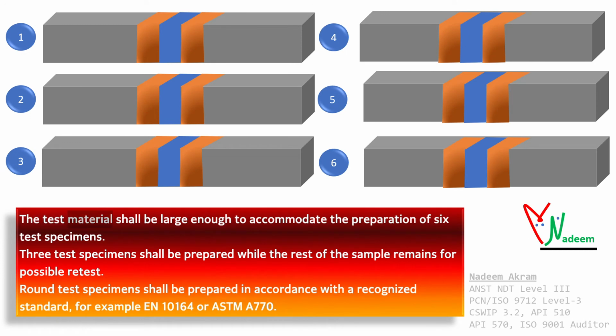The test material shall be large enough to accommodate the preparation of 6 test specimens. 3 test specimens shall be prepared, while the rest of the sample remains for possible retest. Round test specimens shall be prepared in accordance with a recognized standard, for example EN 10164 or ASTM A770.